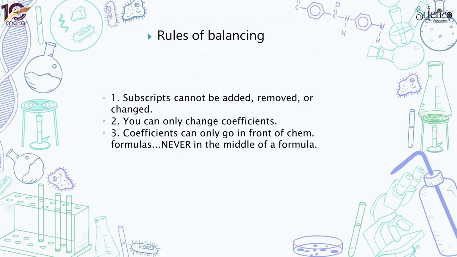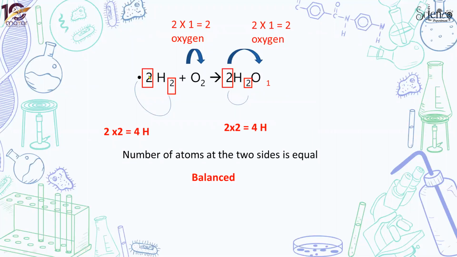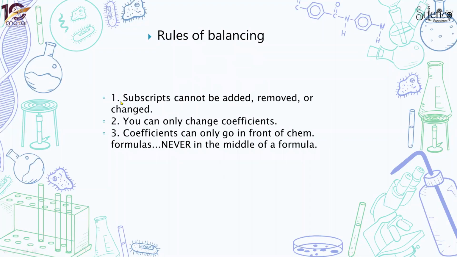So, how to do balancing, again? To do balancing, I can only change coefficients. I can only change the number in front of the compound, okay? Only this number, the coefficient. The subscript stays the same, okay?